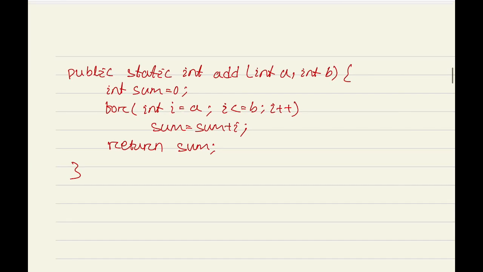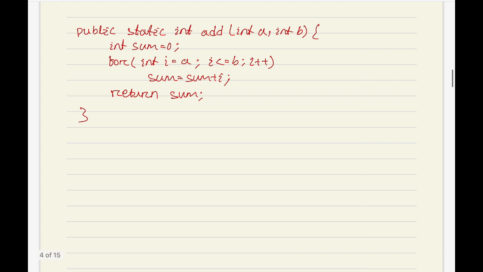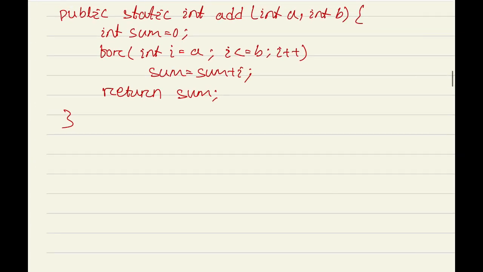So if the method is not going to return anything, then the return type is void, and if the method is going to return something, then that return value type is written here before the name of the method. Okay, so now how to write the complete program?